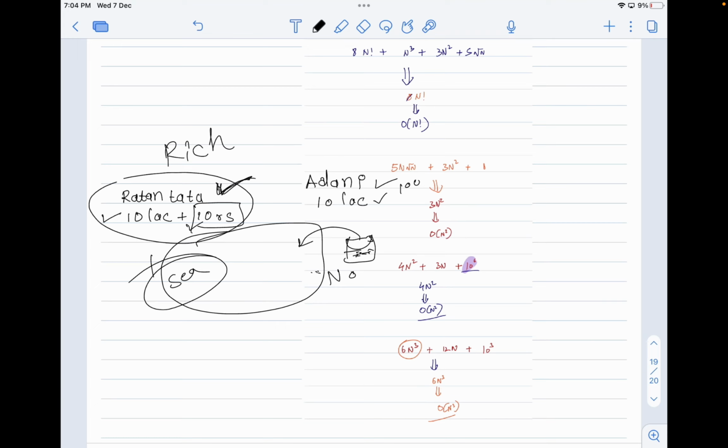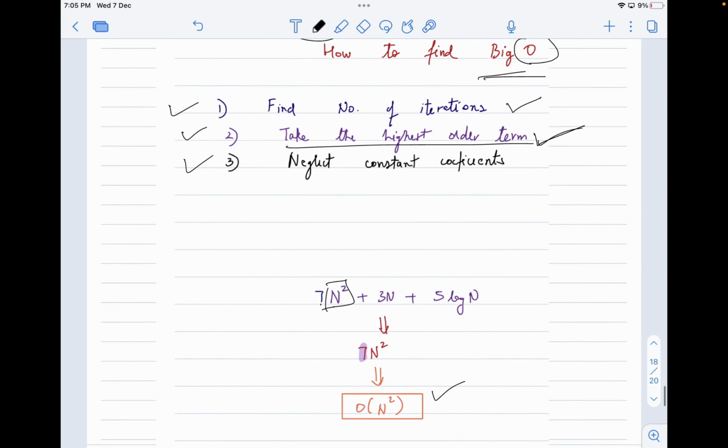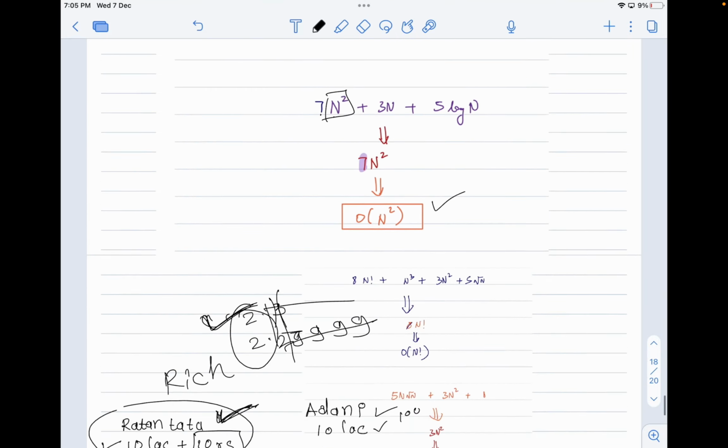Likewise 2.3 and 2.299: practically this is greater, but if you neglect this, what is it? Constant, right? So that's why they say neglect the constant coefficient.